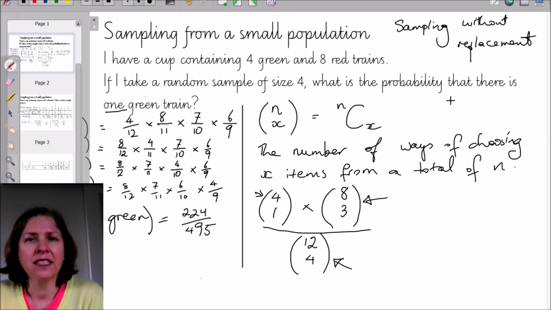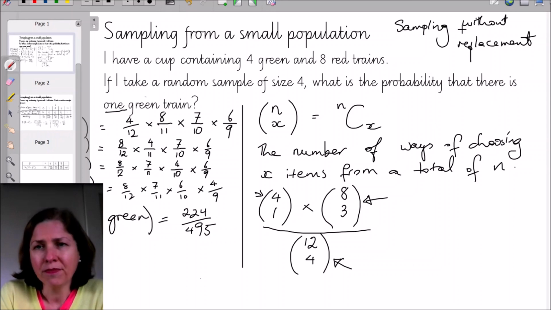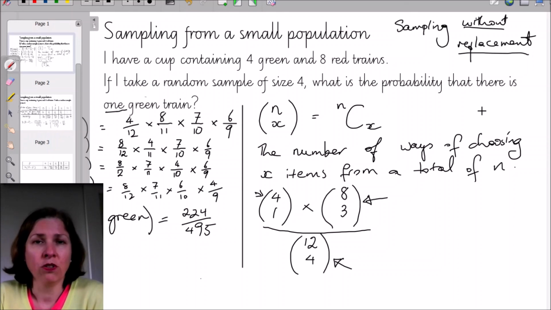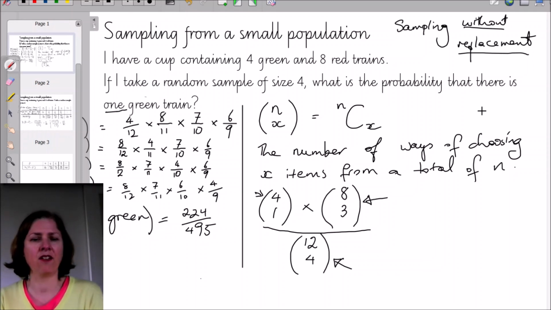I'm collecting a sample of 4 distinct trains. I don't put them back first. So it's sampling without replacement. When I have a very large population, such as all the adults in Australia, for example, choosing one out of my population is not going to affect the probability. So the way we work out probabilities is going to be quite different, and that's in our next video.